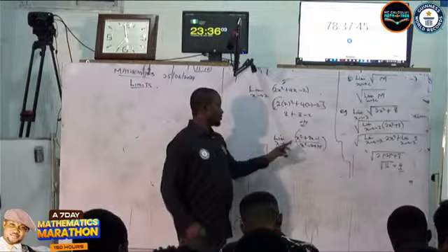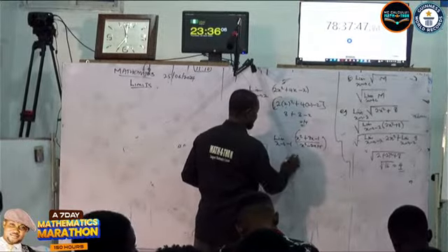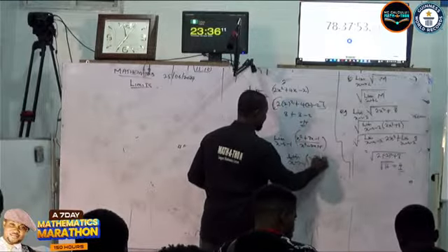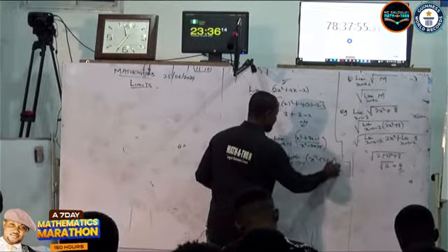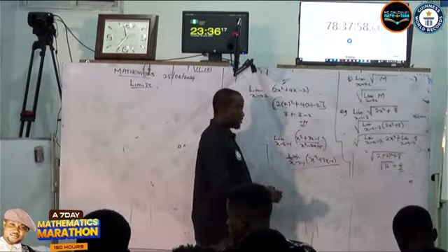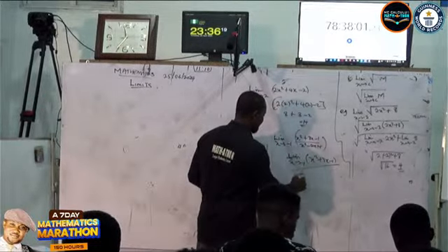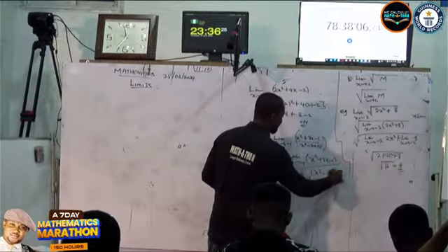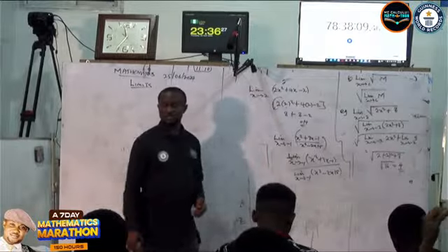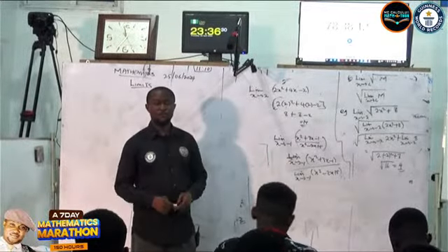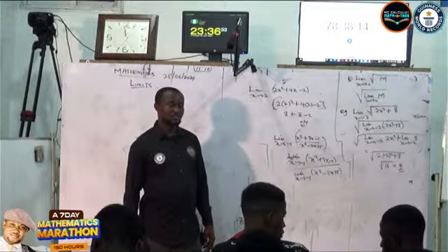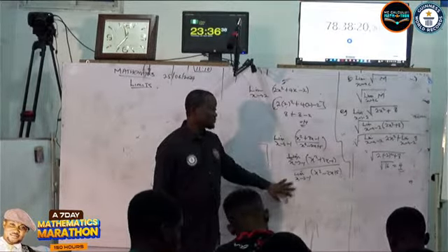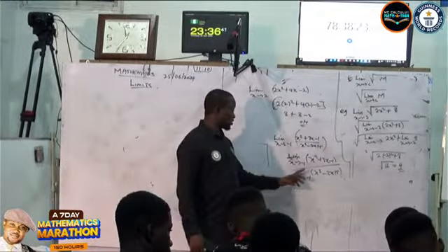This is lim as x tends to minus 1 of x squared plus 3x minus 1, divided by what? Lim as x tends to minus 1 of x squared minus 2x plus 5. The limit goes all up here. So you have to see the value here.